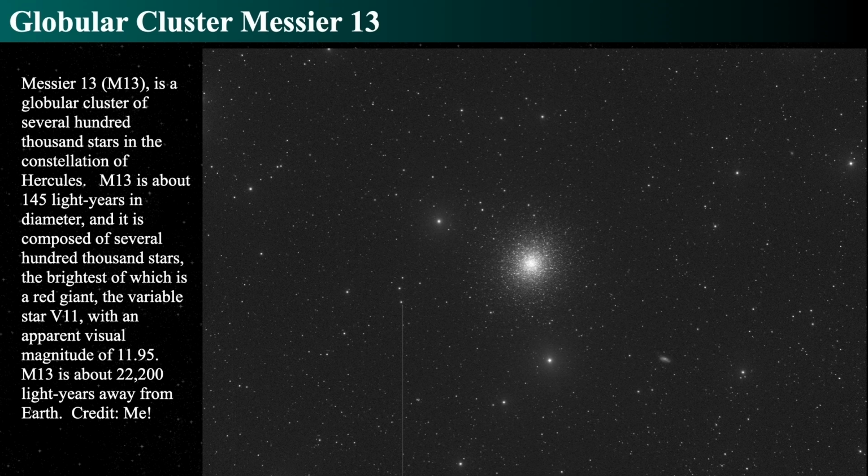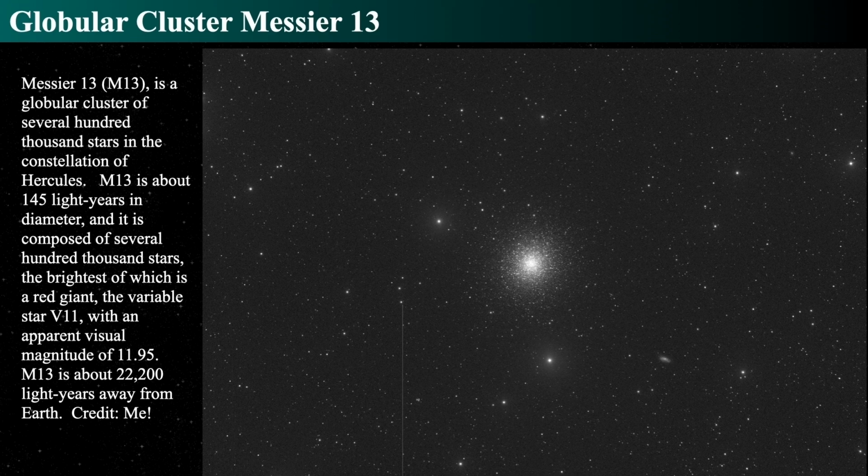And there are other fuzzy features in there that are also other galaxies. But the globular cluster is dead center, and it's got some variable stars in it. That variable star embedded inside the globular cluster can be made out with large telescopes.